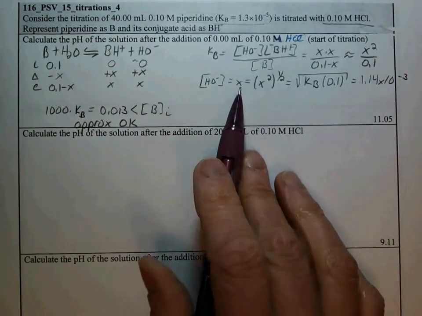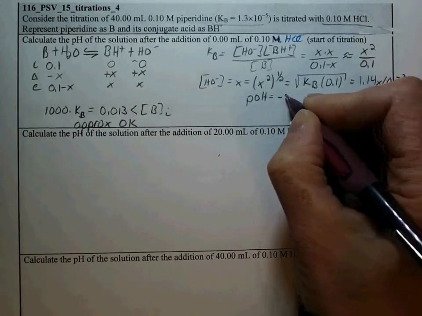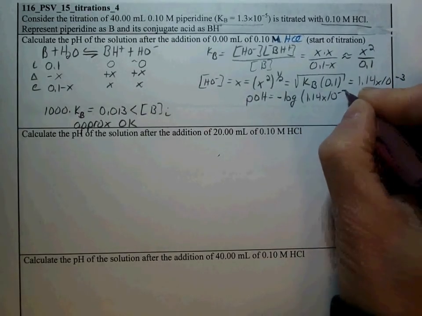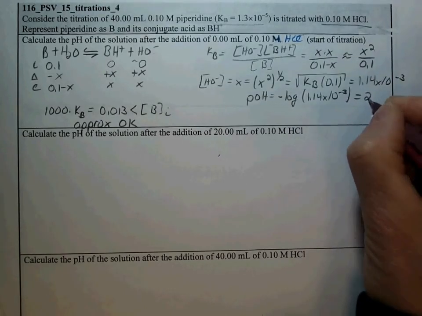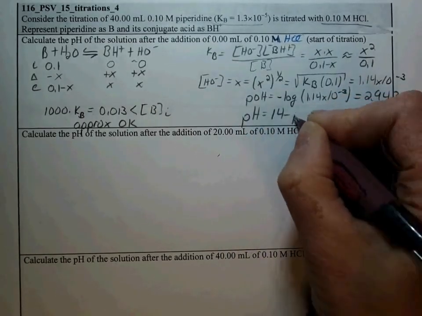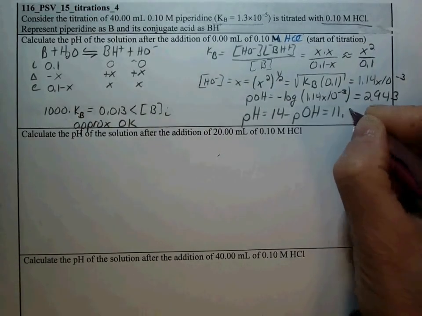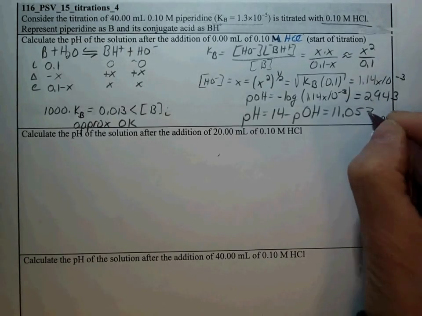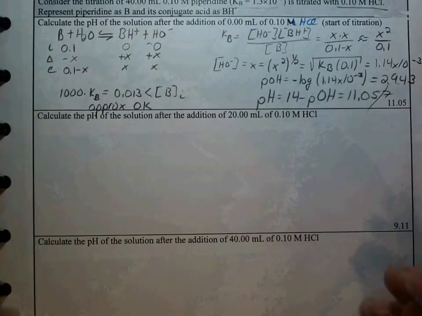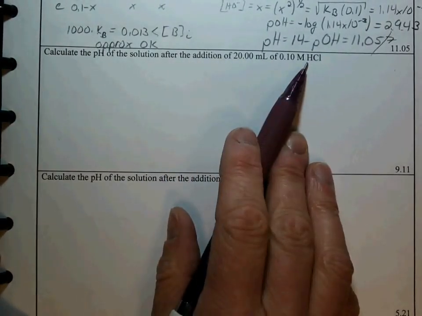Okay, now that we have x, we go back and see x is hydroxide ion concentration, so we can calculate our pOH, and our pH is going to be 14 minus pOH, which is 11.057, okay, or 11.06.